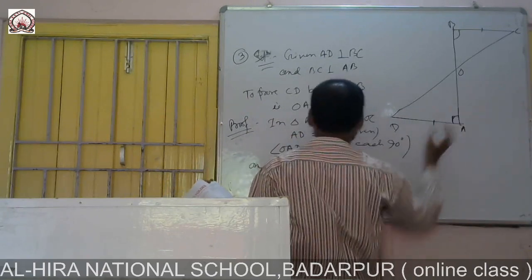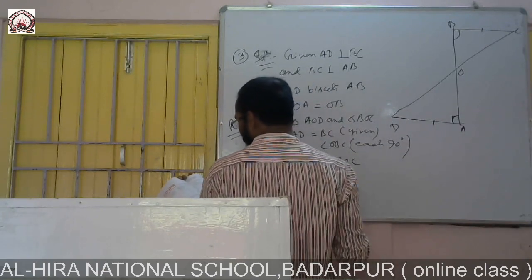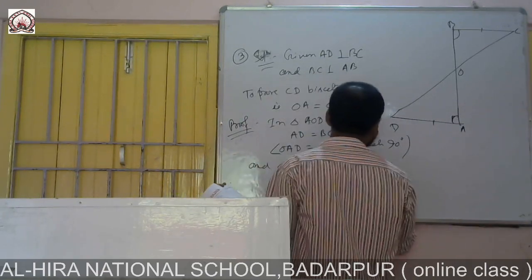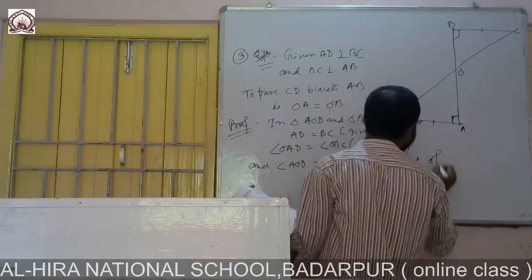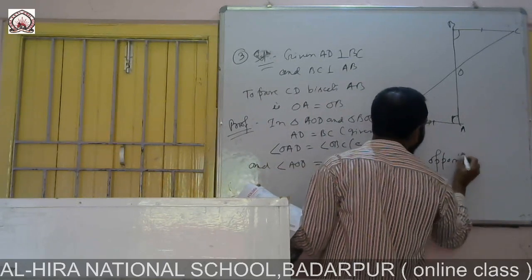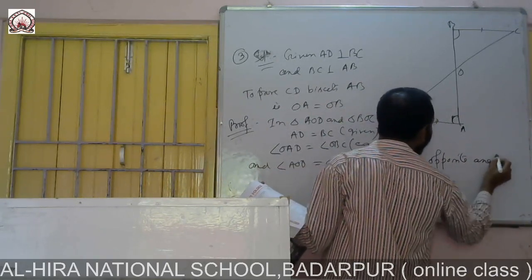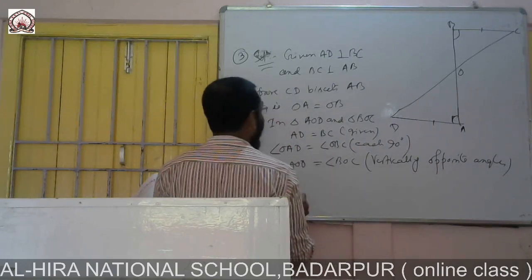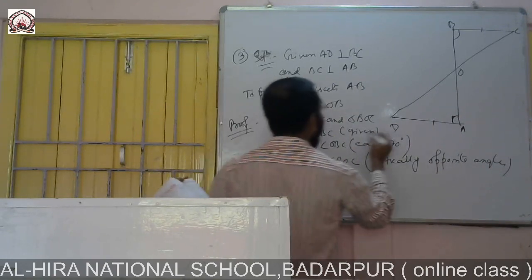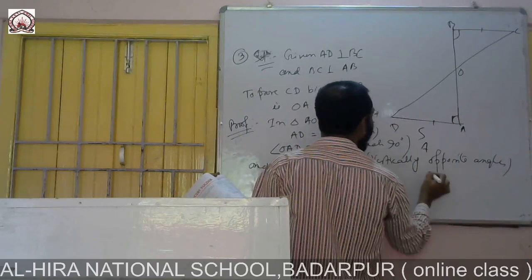In the earlier chapter, you learned vertically opposite angles. So you see the figure, these two are vertically opposite angles, and we know vertically opposite angles are equal. So this is side angle side.